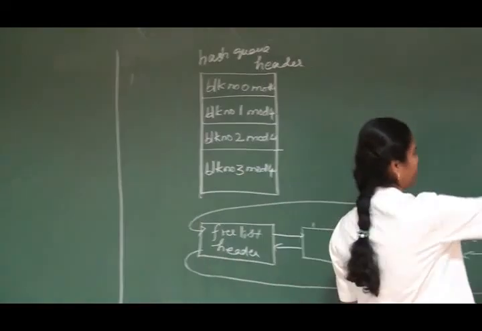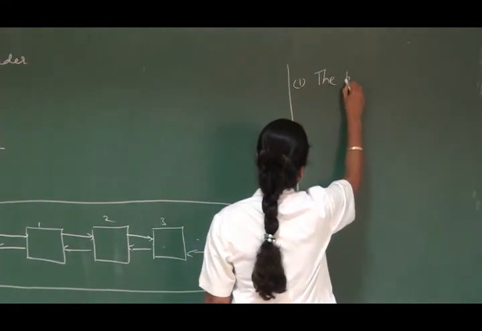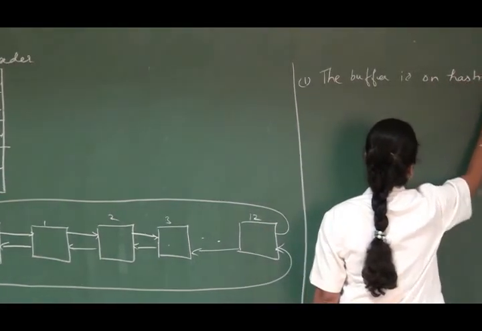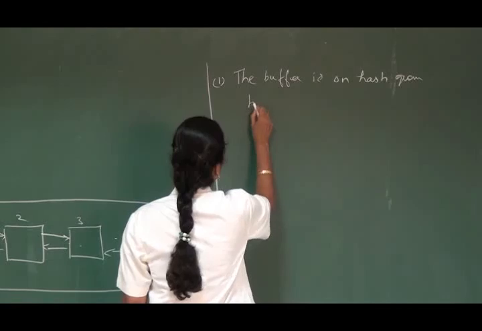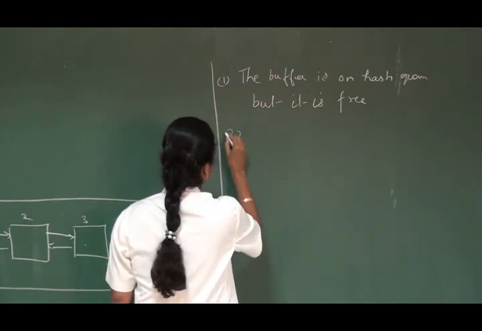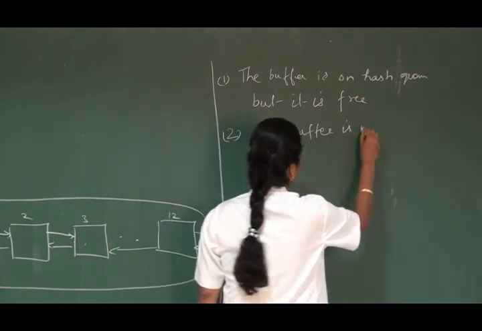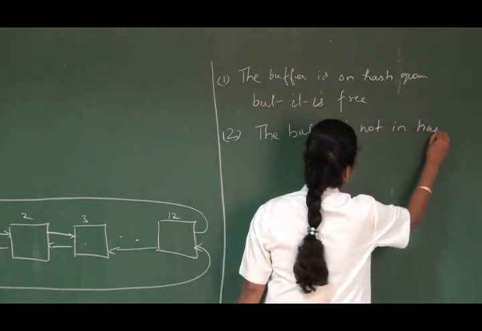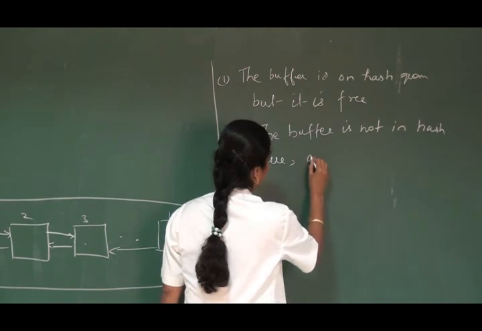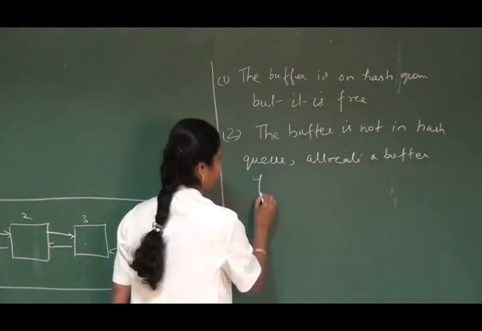The scenarios for the buffer allocation: the buffer is on the hash queue, but it is free. Second scenario, the buffer is not in the hash queue, allocate a buffer from the free list.